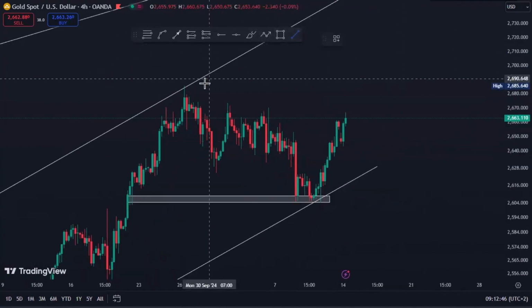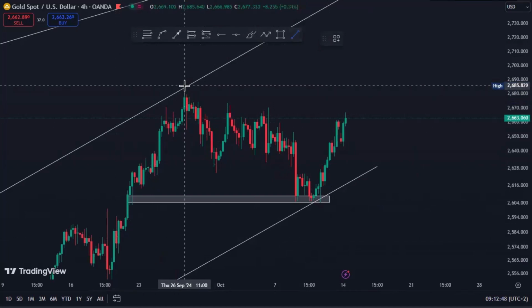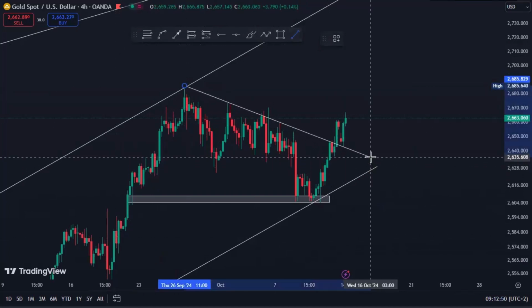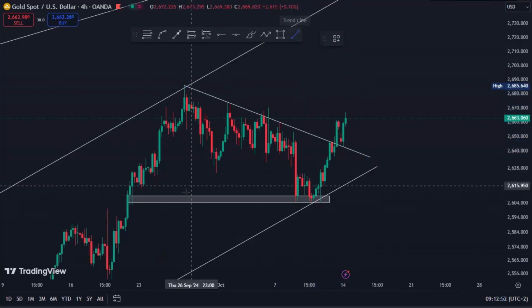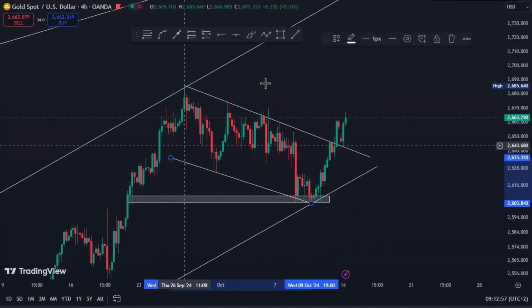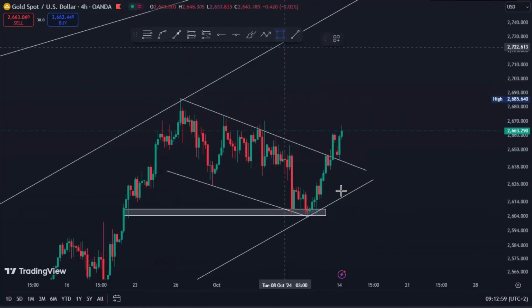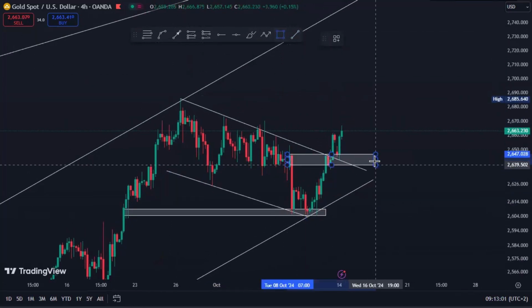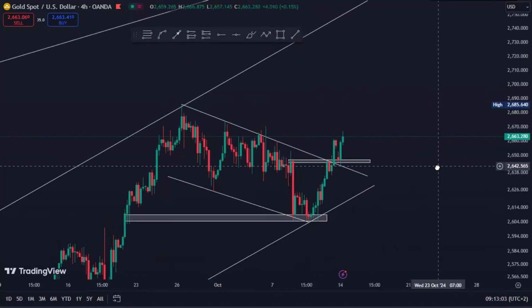But then you can see here the market created this, right? This pattern, meaning we are going up. You understand? And the market already retested this level. Retested this level.